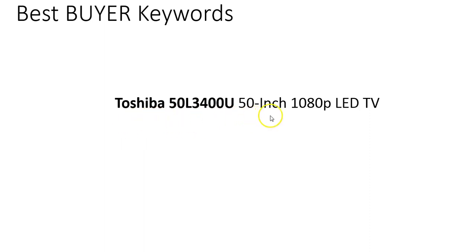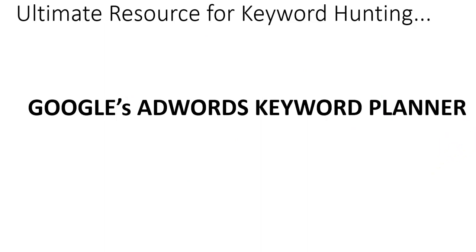They already know they want a 50-inch TV, a 1080p LED, and they even know the model number, 50L3400U. That's the best keyword because it's going to be the easiest to rank for, with less competition.